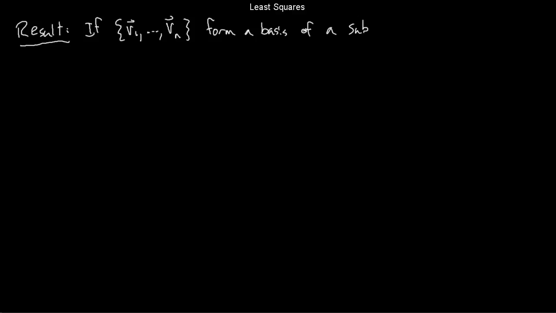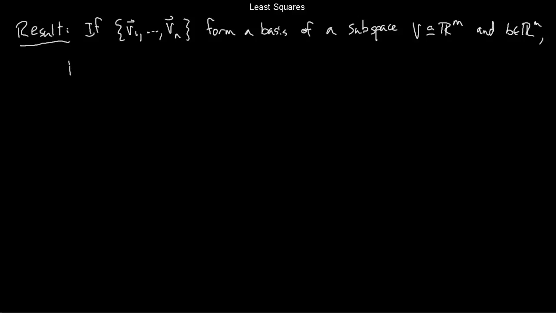So let's combine all this, let's collate everything that we've got together in one result. If you fix a basis, v1 through vn, of some vector space V, and let's think of V as a subspace of R^m. So v1 through vn are m-vectors, and I take n of them, so I have an n-dimensional subspace of R^m. And you fix some vector b, that's a member of R^m.